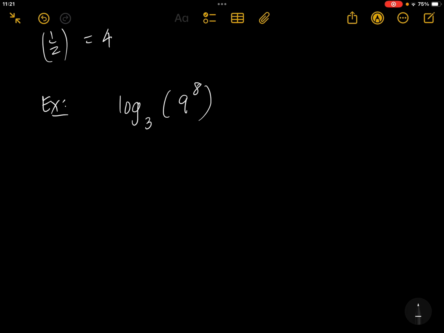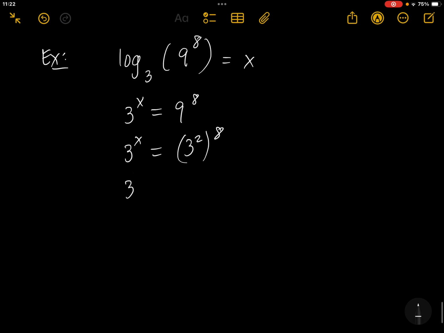All right, let's call this x, right? So 3 to the x power is 9 to the 8th power. And now what are we going to do? We're going to rewrite it in terms of a common base. So 9 is 3 squared, and then you have that raised to the 8th power. So 3 to the x is 3 to the 2 times 8. That tells us that x is 2 times 8, which is 16.